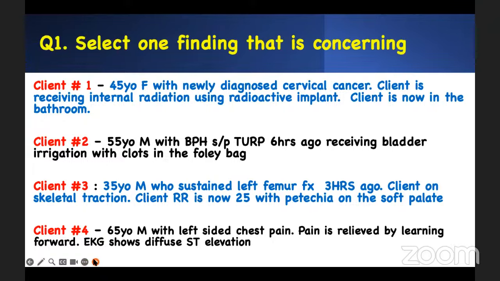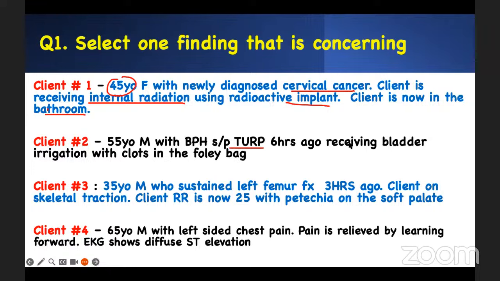So, number 1, select one finding that is concerning. Look at them and see if there's any concerning feature for each of them. What do you see that is worrisome to you? You can't do that until you make a diagnosis and see what is wrong with the patient. 45-year-old, cervical cancer, is getting radiation, has an implant, and is still in the bathroom.